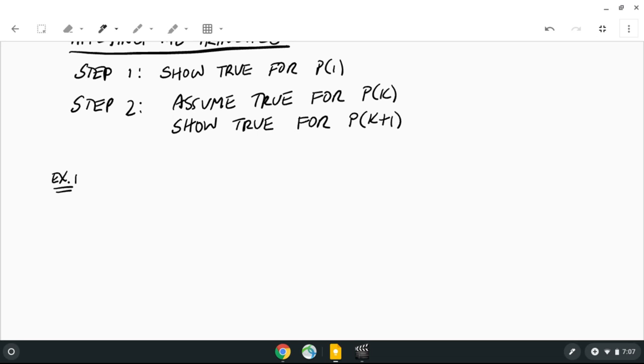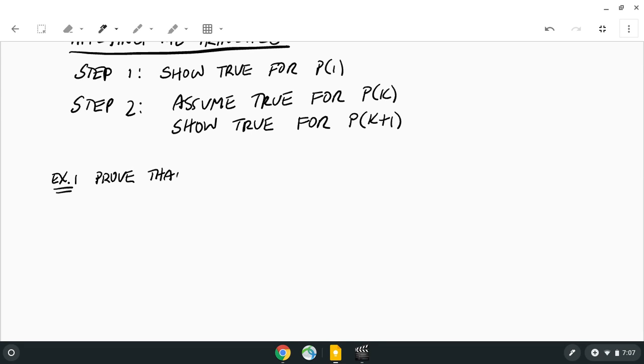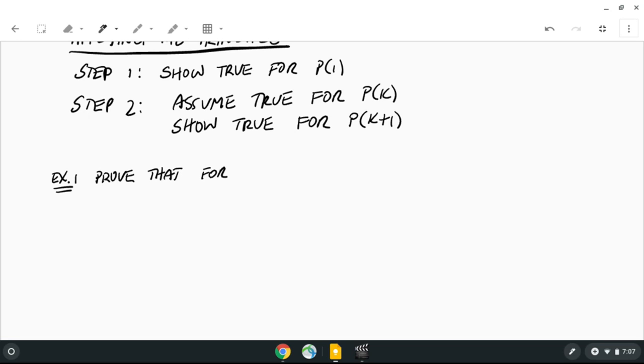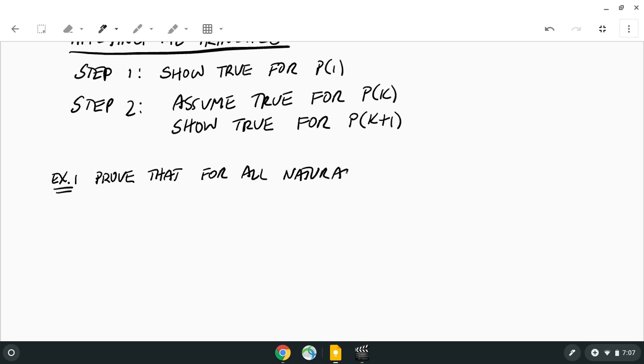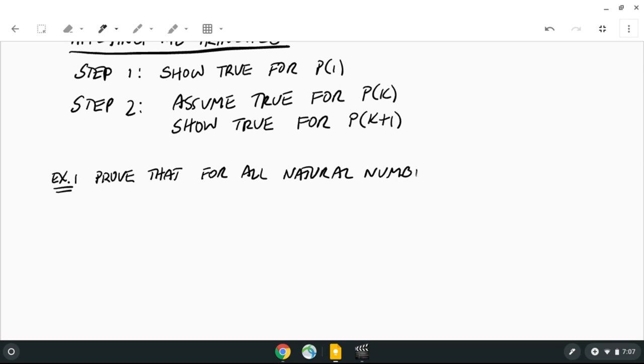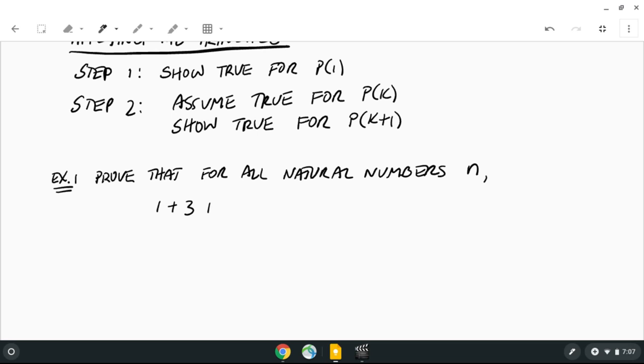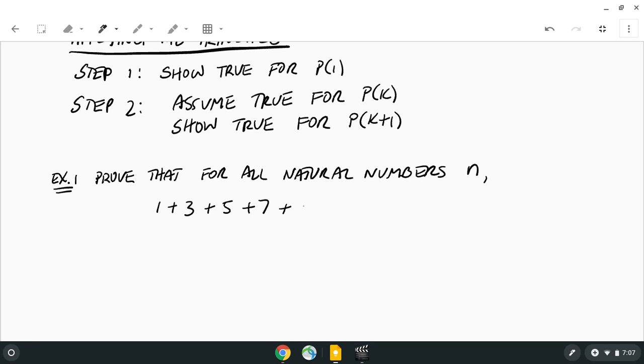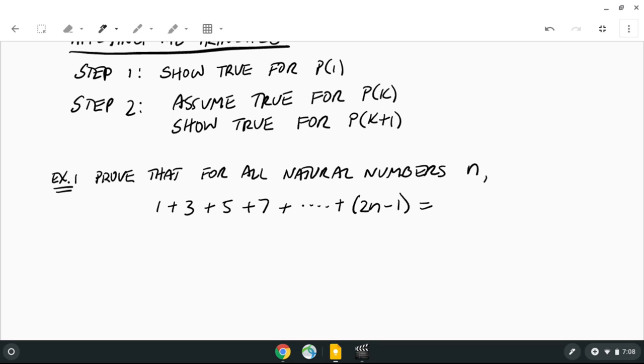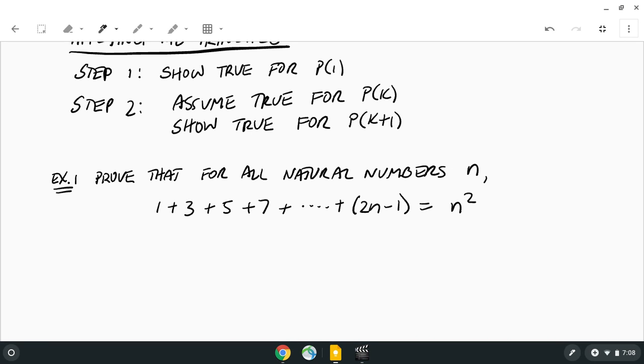Okay, prove that for all natural numbers n, 1 plus 3 plus 5 plus 7 plus, n terms, whatever n is, equals n squared.